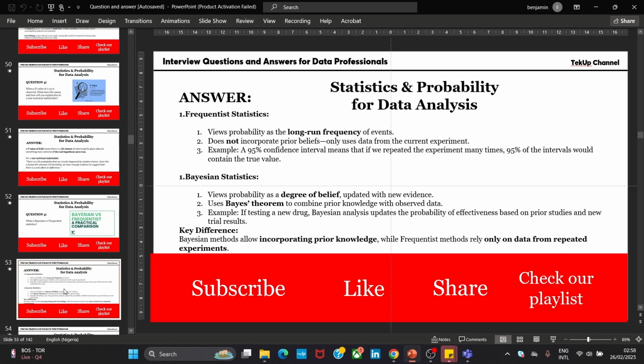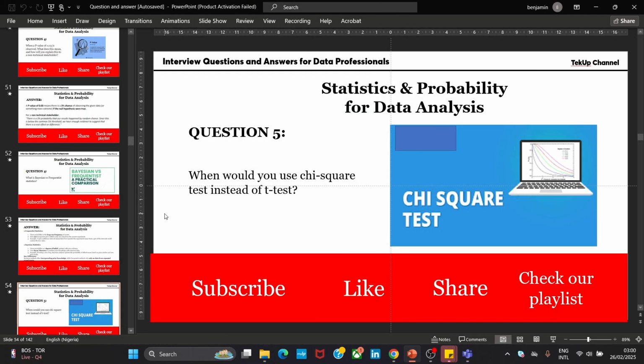For example, if testing a new drug, Bayesian analysis updates the probability of effectiveness based on previous studies and new trial results. While Bayesian methods allow the incorporation of previous knowledge, frequentist methods only rely on data from repeated experiments.